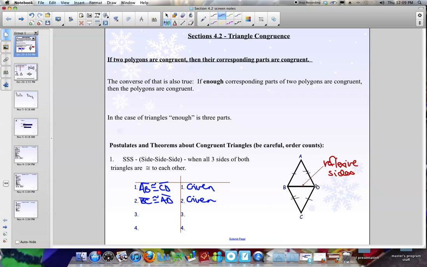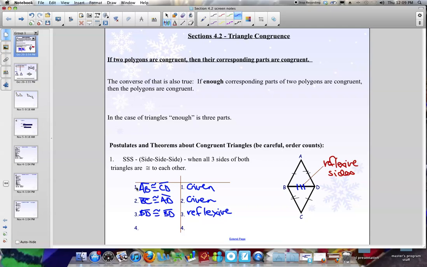So BD is in both triangles. Therefore, by saying that BD is equal to itself, that gives us our 3rd piece of congruence. We can add tick marks to that. And our reason would be the reflexive property, since the reflexive property says that anything is equal to itself.